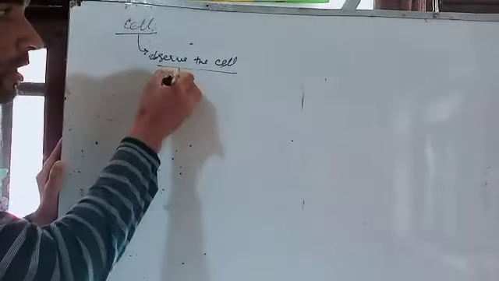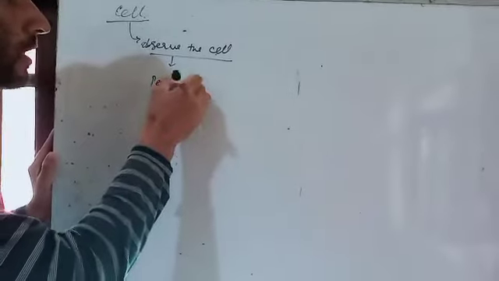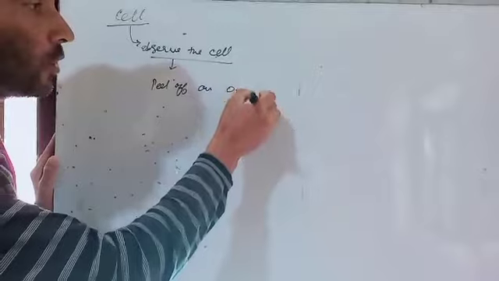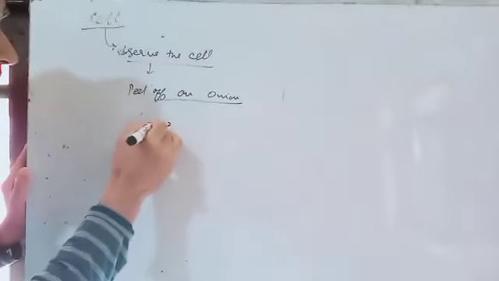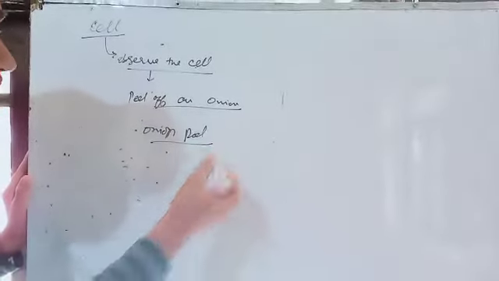You have to peel off an onion piece. That is the onion peel.